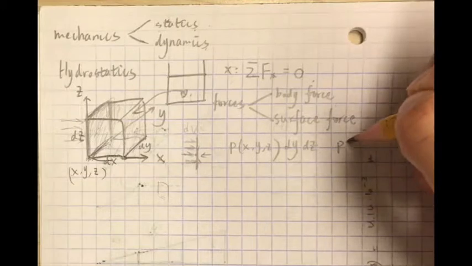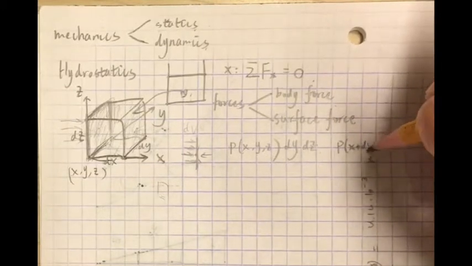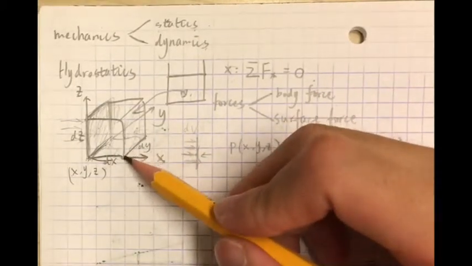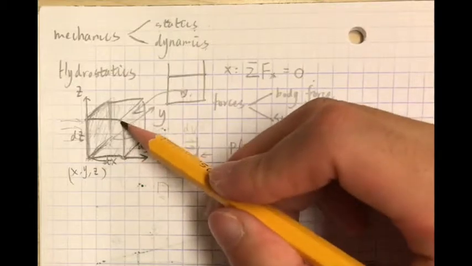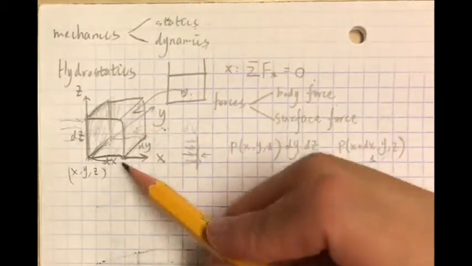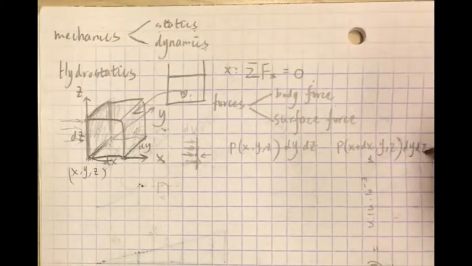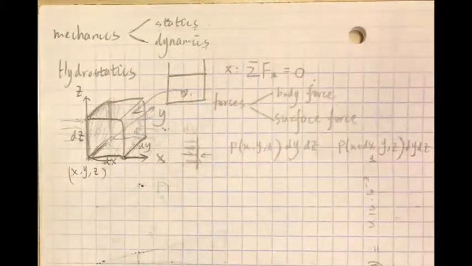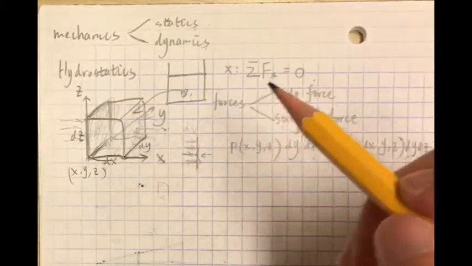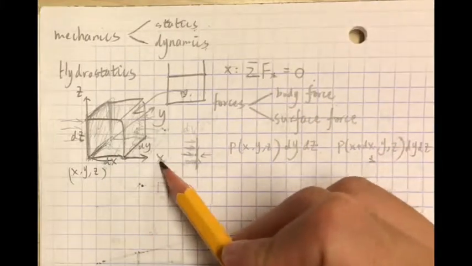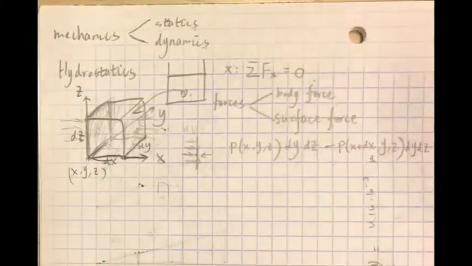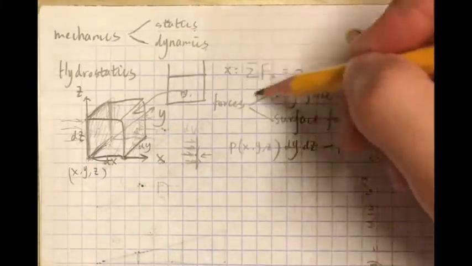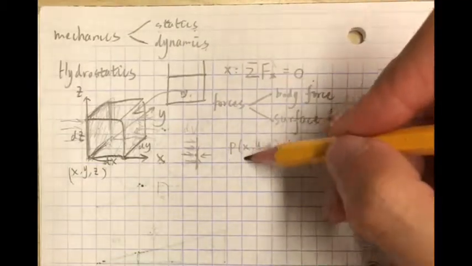So here we have the pressure at x plus dx, y, z, and we need to multiply by the total area of the right side, which is dy dz. The force is like this, so the total force will be in the negative x direction. So here we need to put a minus sign. And this is all the forces acting in the x direction, so this equals 0.